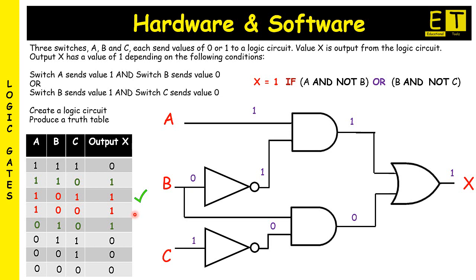So 1 0 0 should output 1. So let's put in 1 0 0. So we have 1 going into the AND gate, 0 going into the NOT gate for input B will turn into a 1. 2 1s will output a 1 in an AND gate, and a 0 going into the AND gate that is shared by input C, where C would input a 0, which will turn into a 1, and a 0 and a 1 into an AND gate will return the value 0.